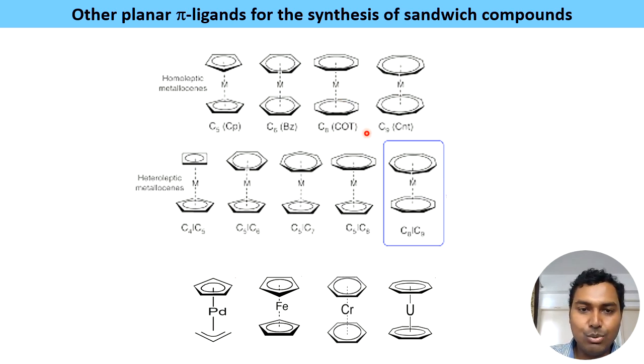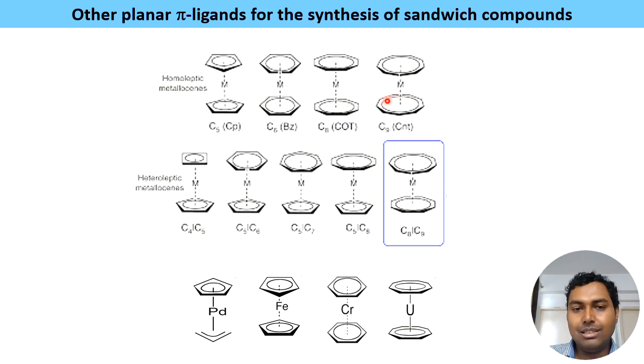And also we can use the C9, the cyclononatetrienyl complex. These are all basically homoleptic metallocenes, where both the ligands are the same. So here is the Cp, this is benzene, and this is also benzene. This is cyclooctatetraene, this is also cyclooctatetraene. This is the similar ligand. So this is the 9-membered cyclic ring.